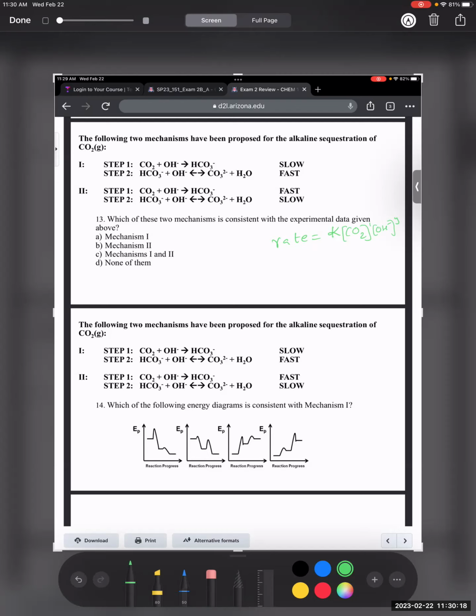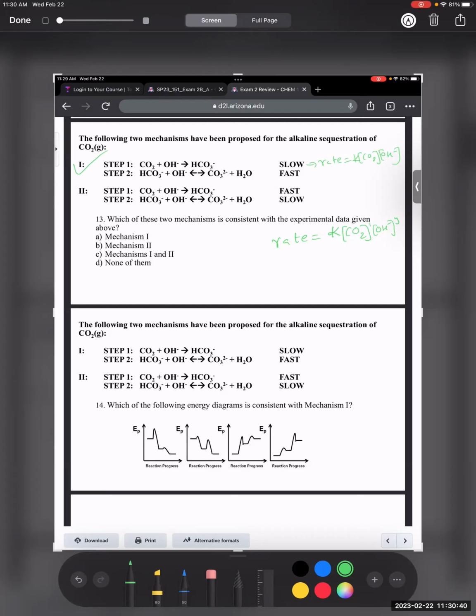That's it. Now let's look at mechanism 1. In mechanism 1, the slow step is the first step, and therefore the rate law is rate constant times CO2 to the power of 1 times OH minus. Yes, mechanism 1 is consistent with the data.